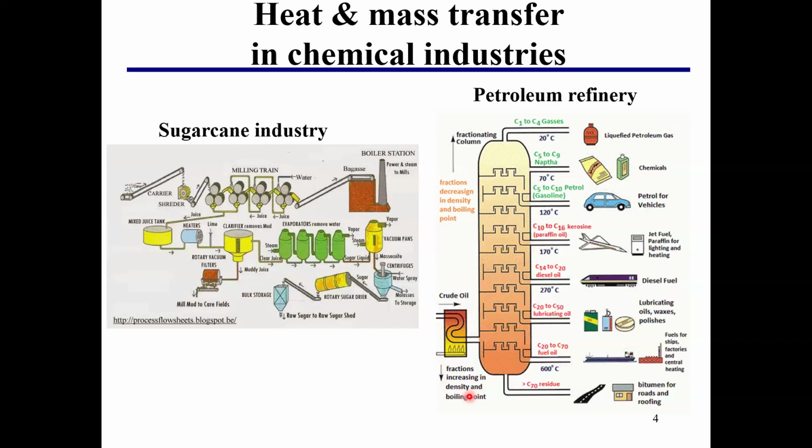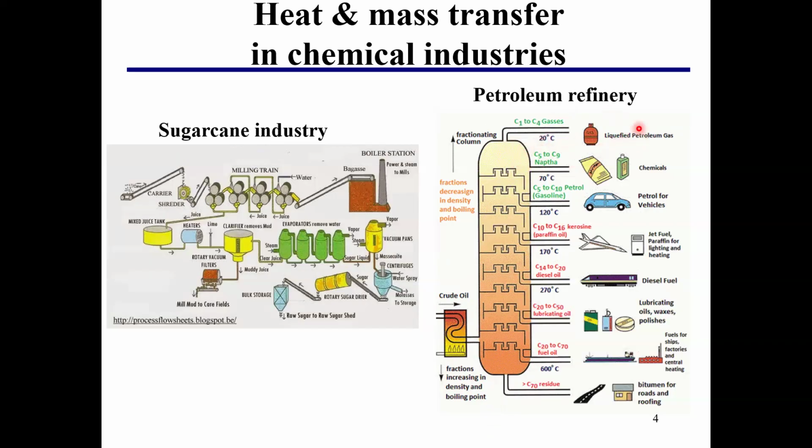And the way it works is, at the bottom of the distillation column, you have a unit called the reboiler that evaporates the crude oil, and the vapor travels from the bottom of the equipment to the top of the equipment.